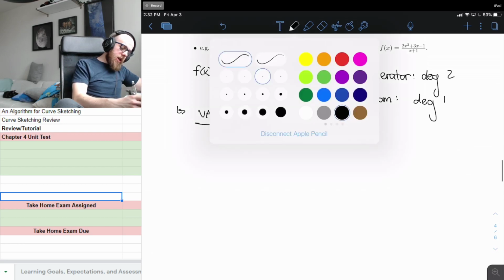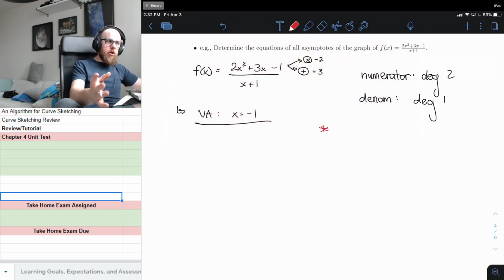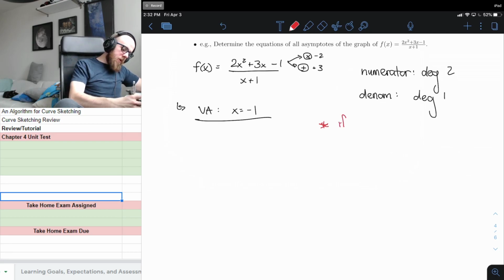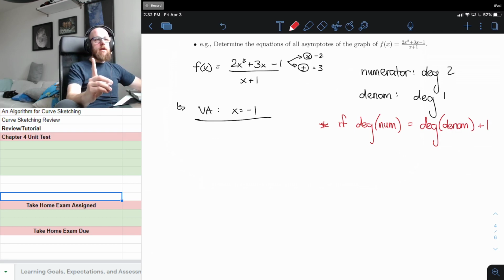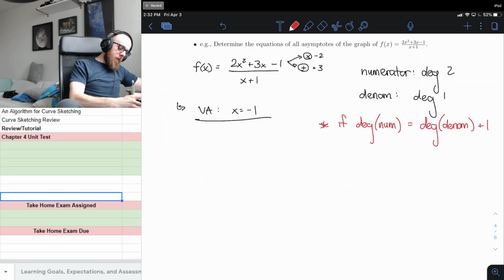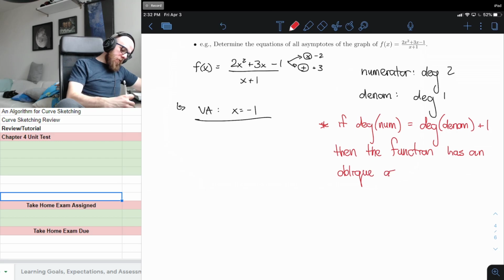Now, here's kind of a key, again, I'm sure you guys covered this in advanced functions, but in case you don't remember, if the degree of the numerator is exactly 1 larger, so the degree of the denominator plus 1, then the function has an oblique asymptote.